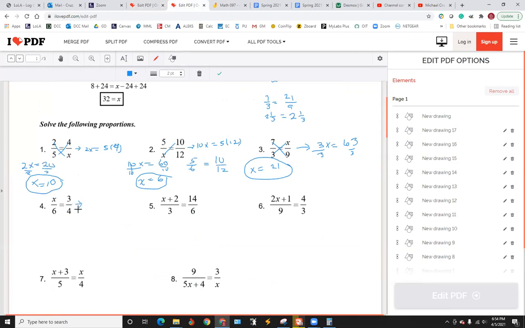So what about this one? I would put that one first just because I like my x's on the left-hand side. And 3 times 6 is equal to 18. Now, this one will not be a whole number.